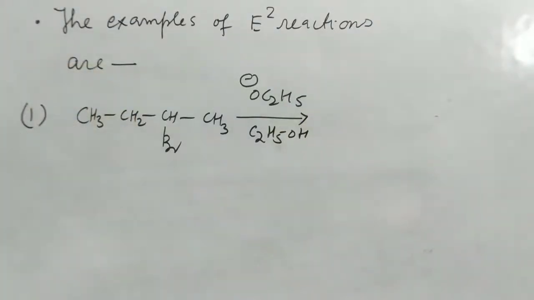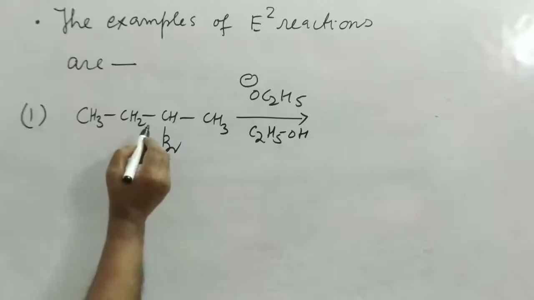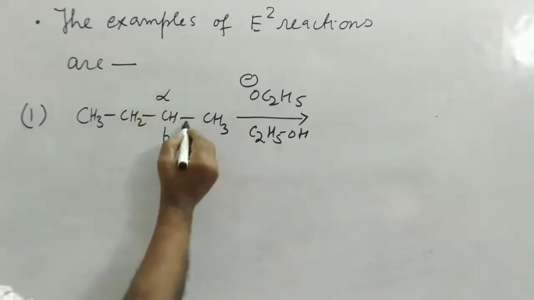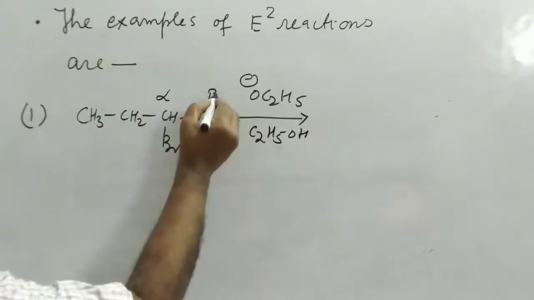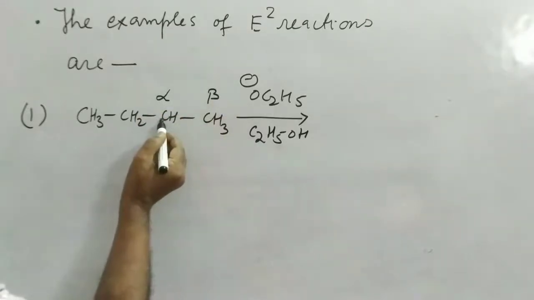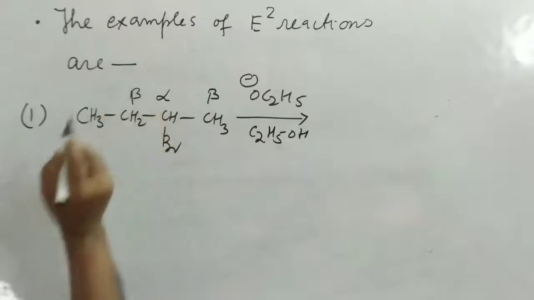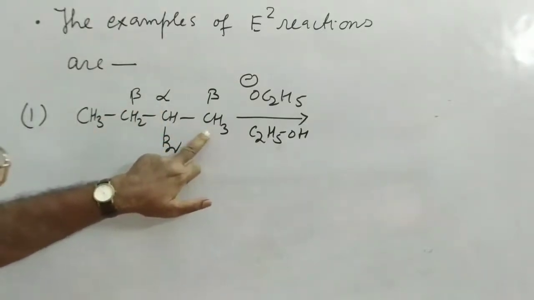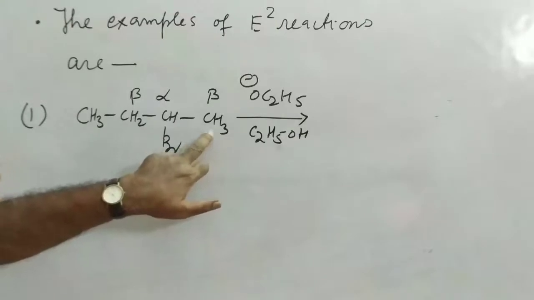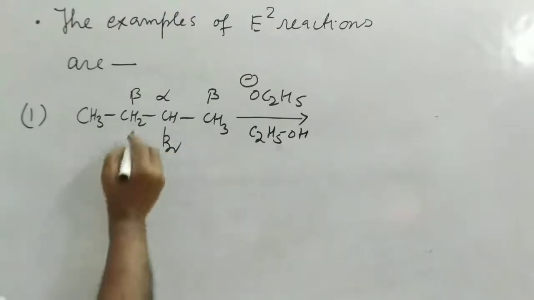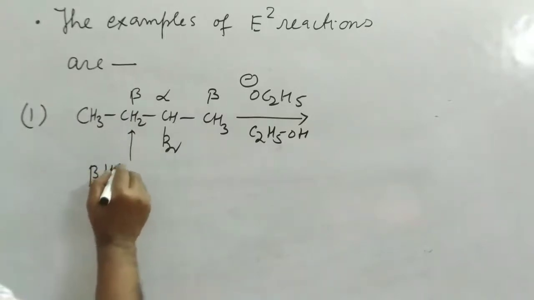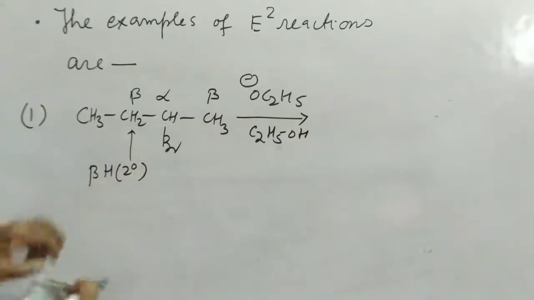Now label the carbon atoms. The carbon holding the halogen atom is designated as alpha. Adjacent to this is beta, and adjacent to this from this side it is also beta. So there are two beta carbons. Each beta carbon carries hydrogen atoms. This hydrogen atom is beta hydrogen, 2 degree, as this is a 2 degree carbon.